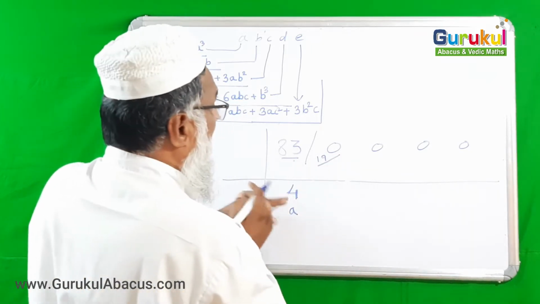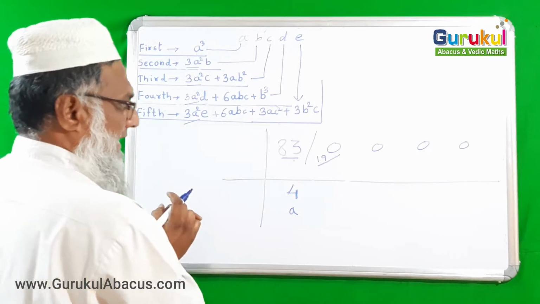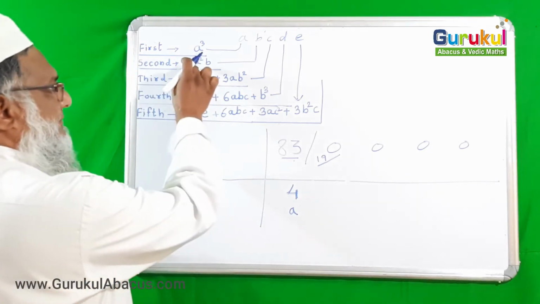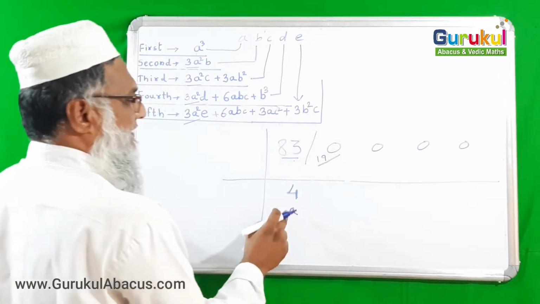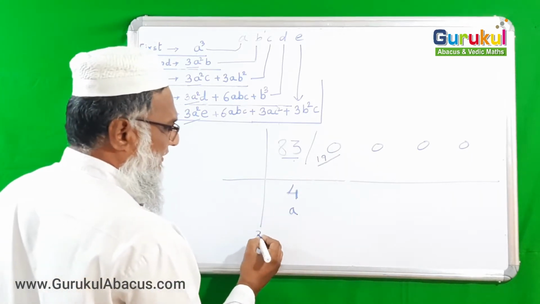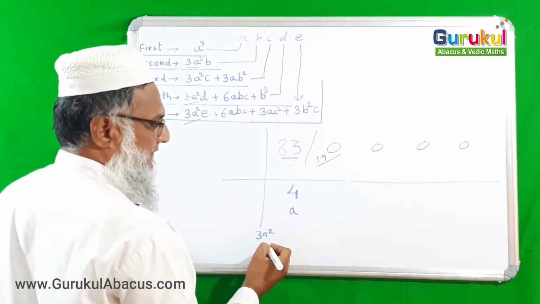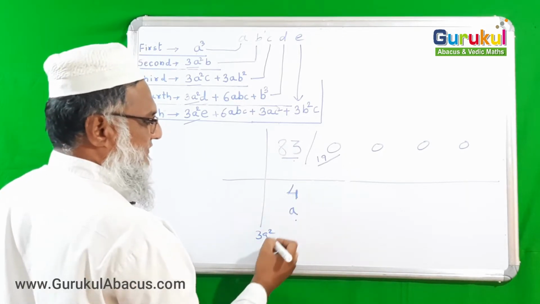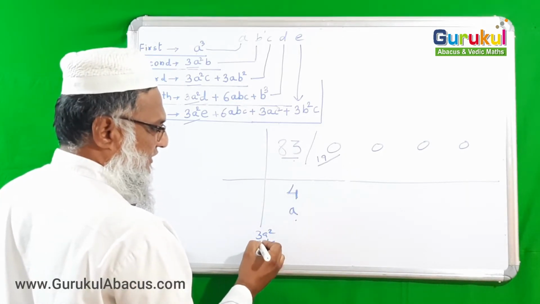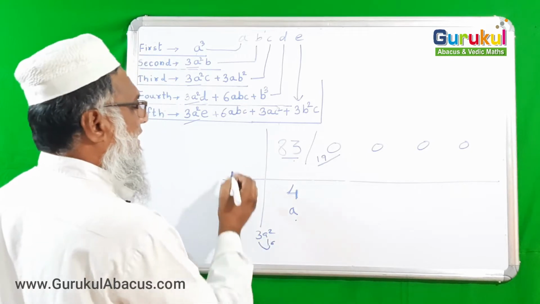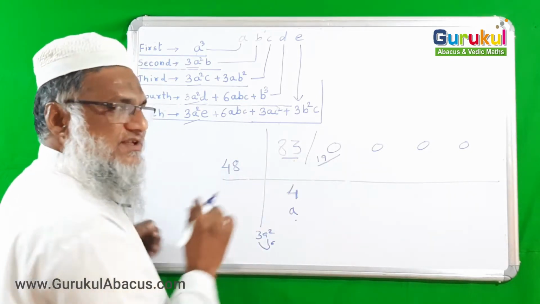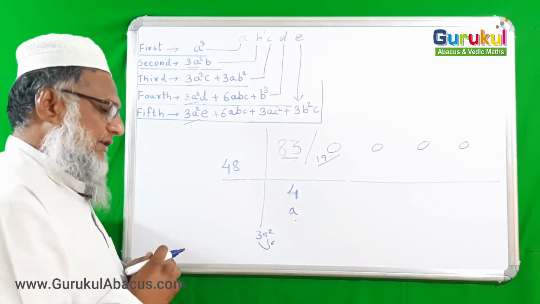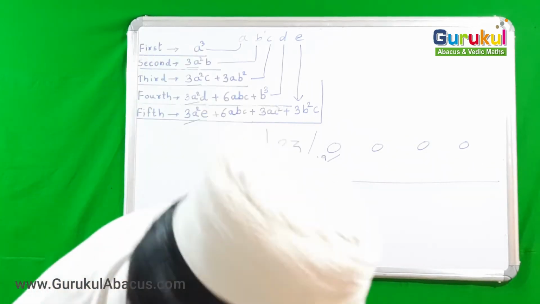Now what to do? I told you in every example 3a square is common and we should divide by it. If it is a, then what would be 3a square? A square is 4 fours are 16, 16 threes are 48. That I write as the divisor of this example. Observe carefully, you will understand everything.